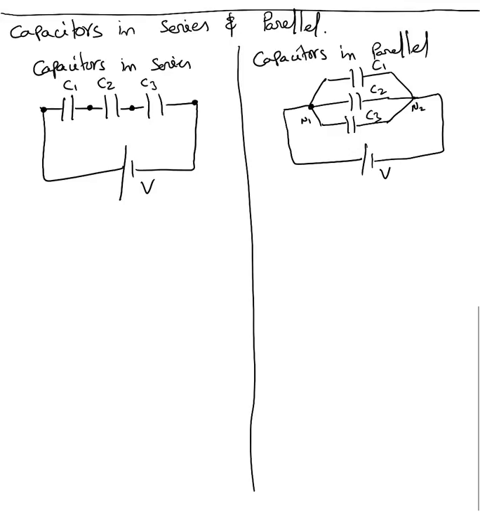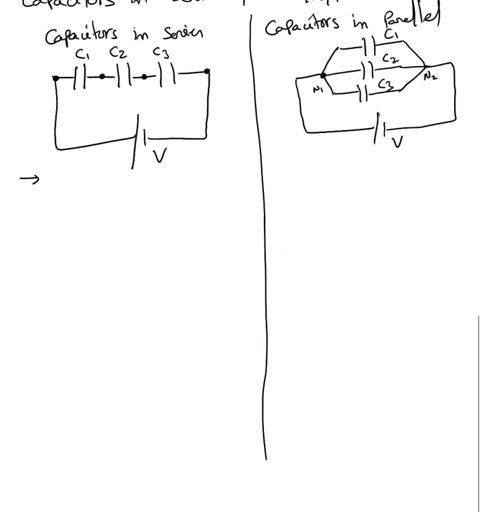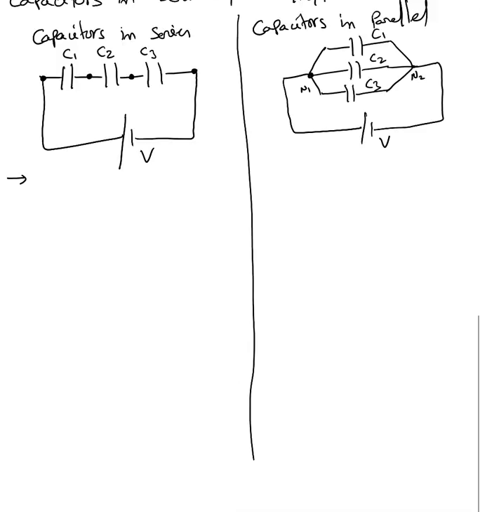Now, when the capacitors are in series, for the total capacitance, let me start with the charge. The charge on each capacitor is the same. So the first point is, when the capacitors are in series, the same charge is on each capacitor.